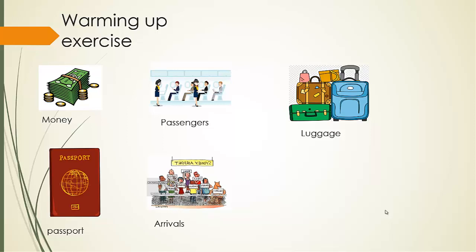This is a group of people that are waiting for arrivals in the airport, right? The last one is about coins. So this is a quick review of our previous lesson. Okay, let's get started.